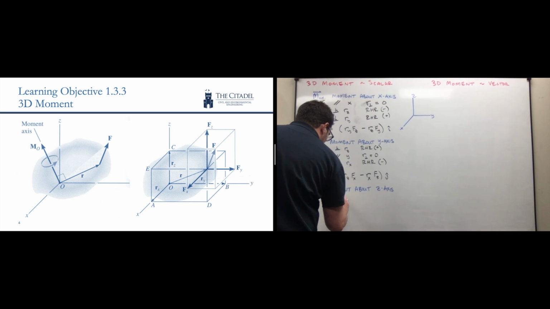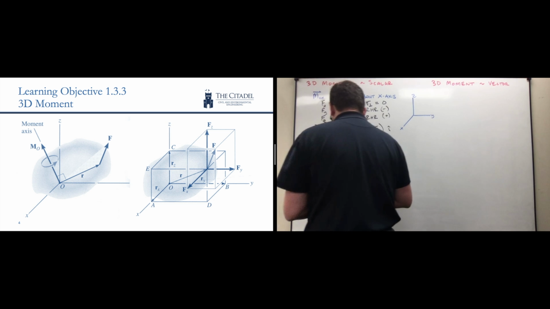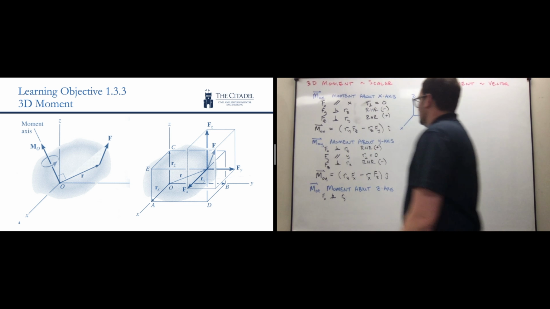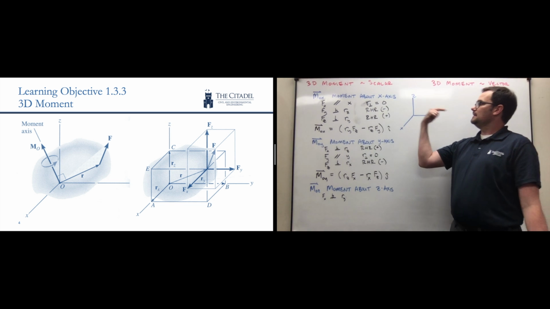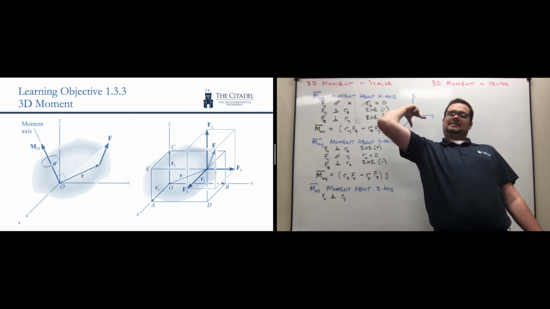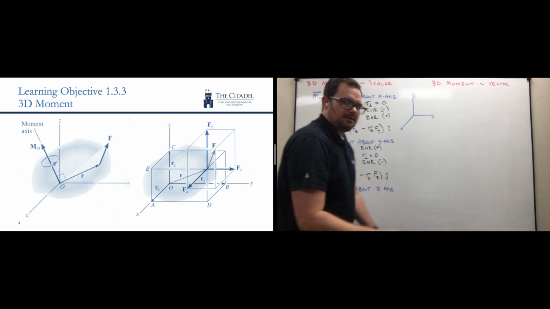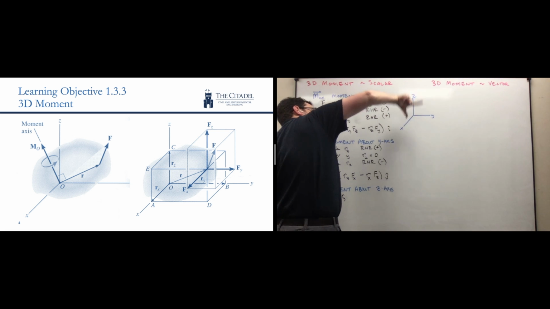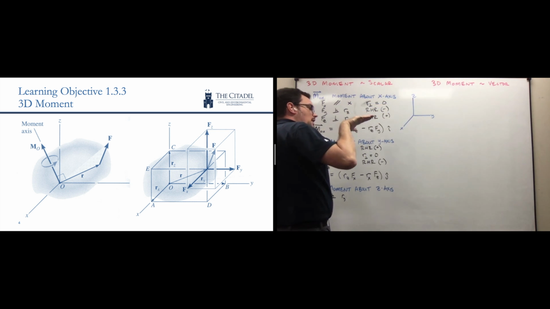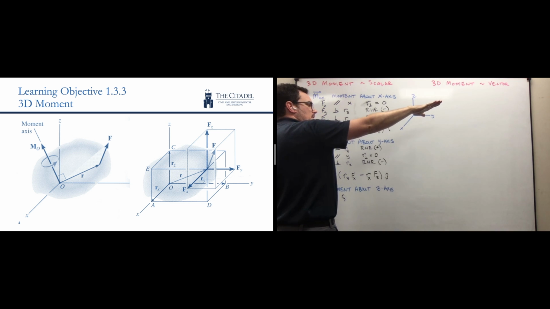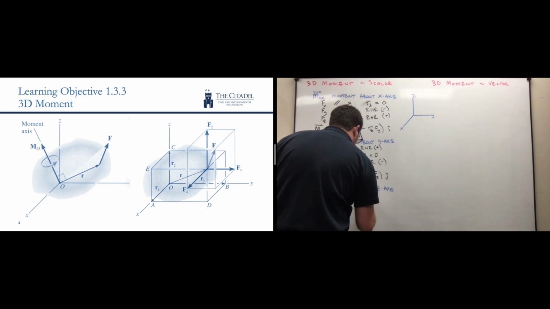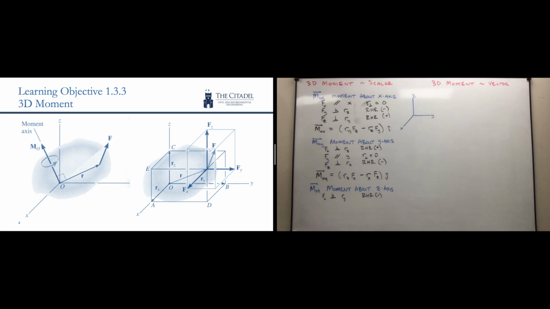If I use my right-hand rule, Ry cross Fx goes down. Okay, instead of popping my shoulder out of socket, R cross F gives me a negative z direction. So my right-hand rule tells me that this moment is going to be negative about the z-axis.